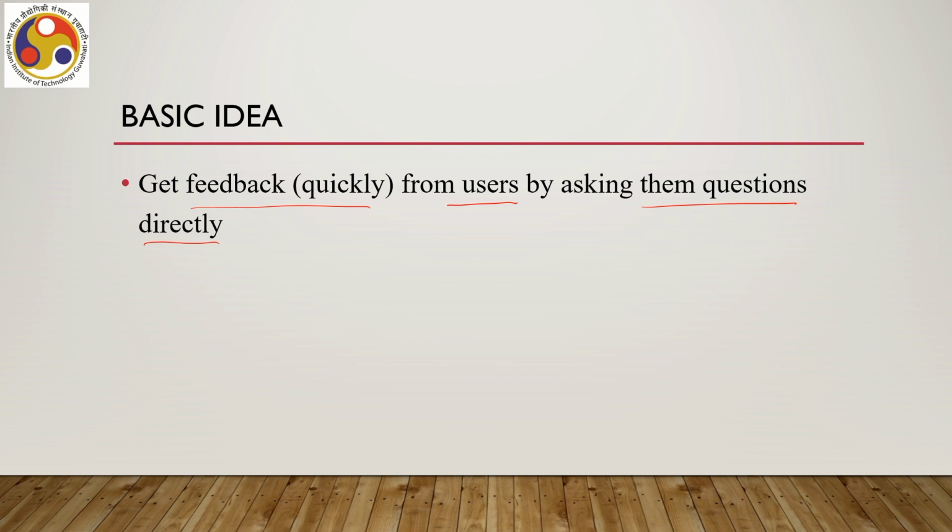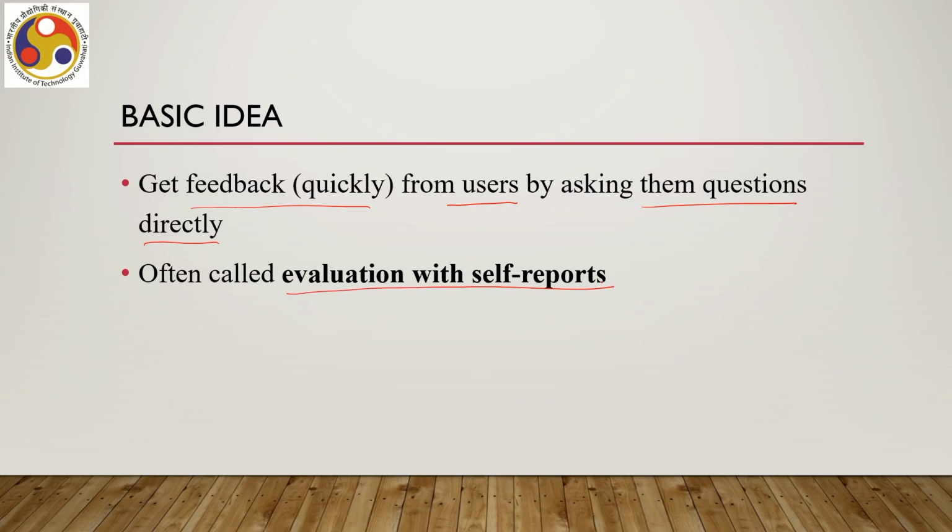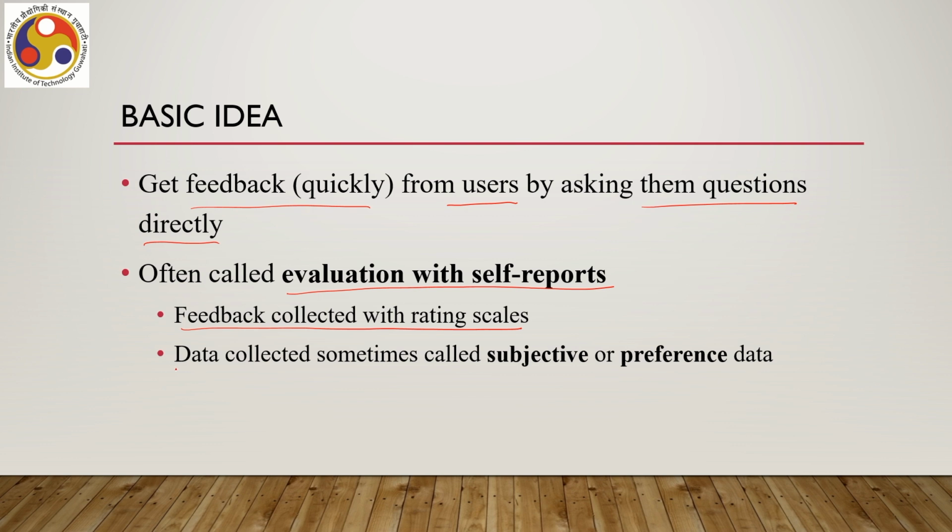In the previous 2 expert evaluation techniques, involvement of users was optional. But in case of user evaluation, it is mandatory. This is often called evaluation with self reports. The user feedback is collected with some rating scales, and the data collected are sometimes called subjective or preference data.